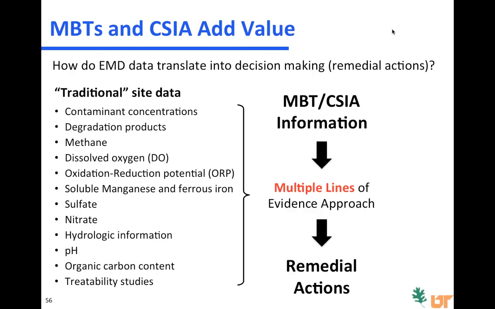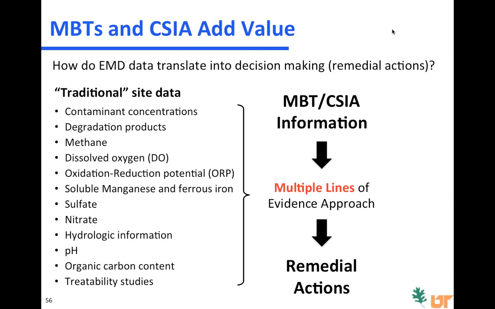So then on the next slide, just briefly, on the left-hand side, you see traditional site data that have been collected for many years. And I'm not suggesting that we should stop collecting this type of information. But what is pretty clear to me and many others is that this type of information is insufficient to make good decisions at all sites.